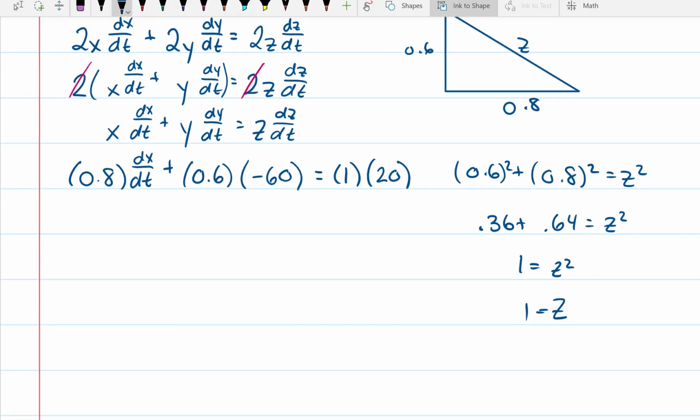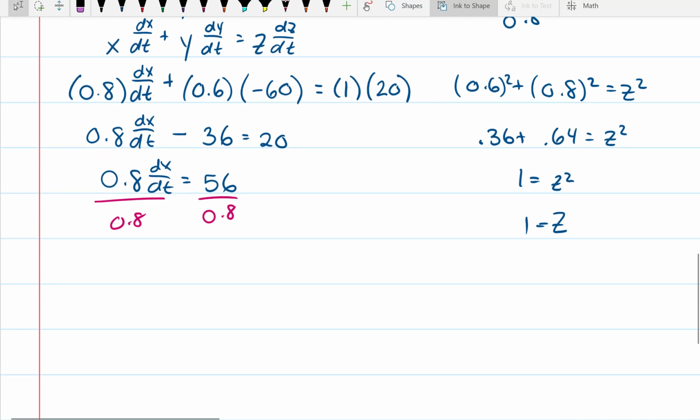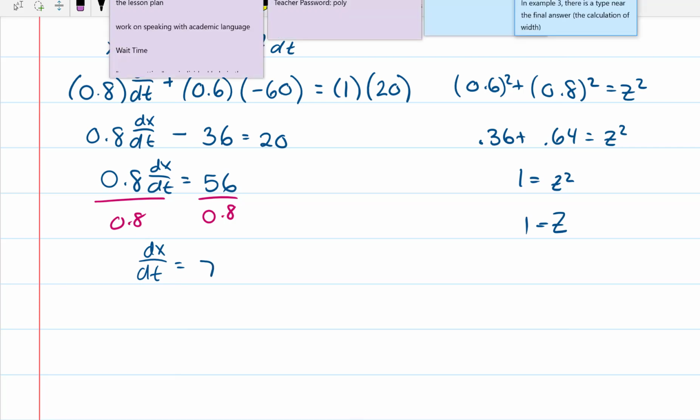So I get 0.8 dx dt minus 36 is equal to 20. 0.8 dx dt is equal to 56. And then I divide both sides by 0.8. And I get that dx dt is equal to 70.